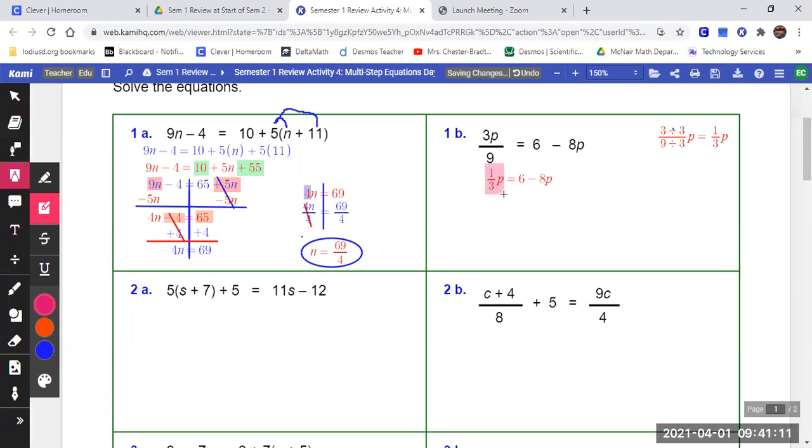We have a 1/3 P. We have a negative 8P. We always move the smaller valued letter over to the bigger valued letter. Who would we be moving? Who gets moved? Who is smaller in value? A 1/3 P or a negative 8P?